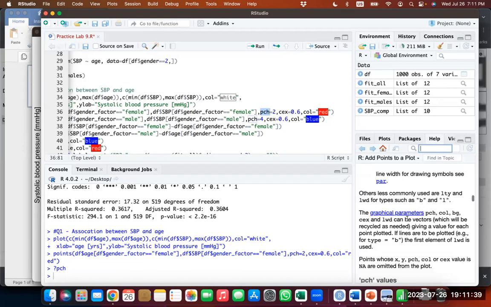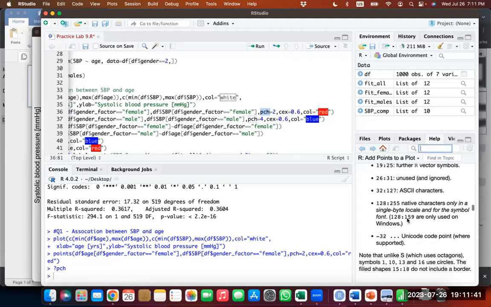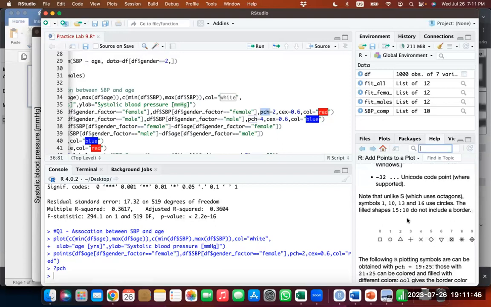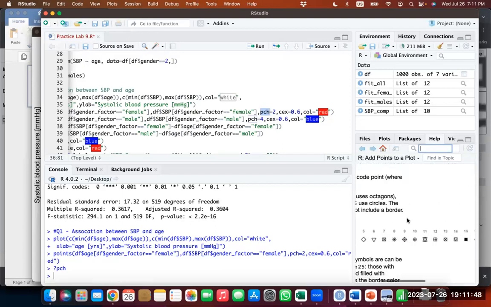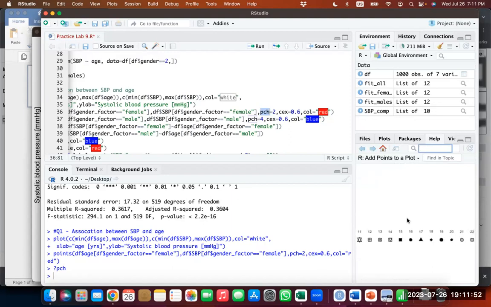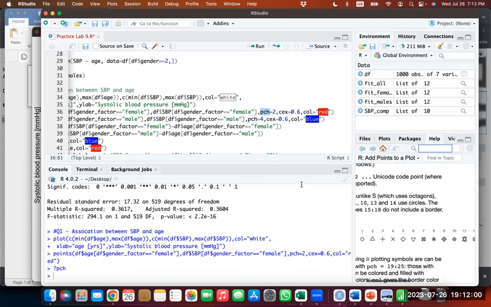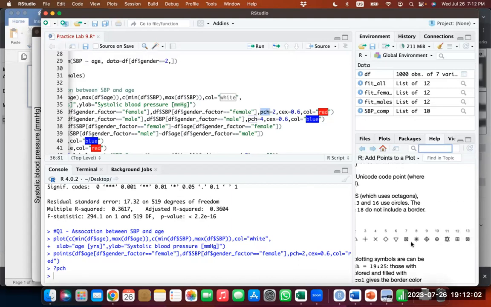Yeah, here. So here's an overview of all the shapes that R has to offer. So you can use various. The higher you come, you even get like runes. I don't know what order it is. So you get a lot of different shapes. Now feel free to play around. You get solid, filled, non-filled, so you can use various symbols.